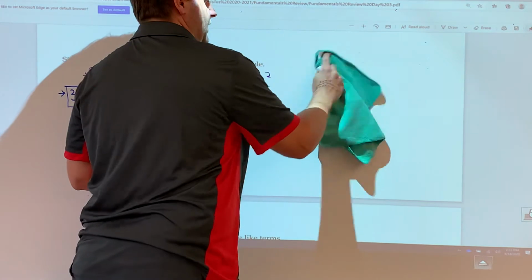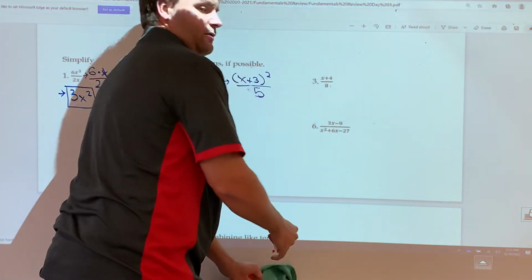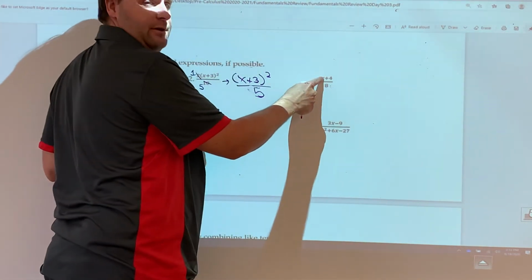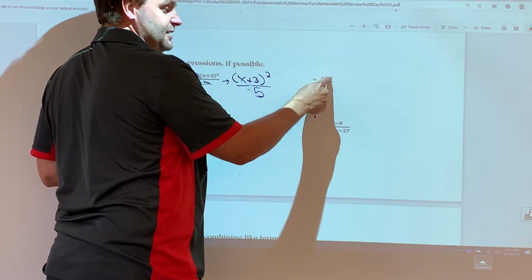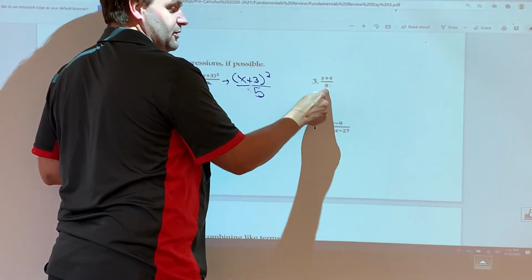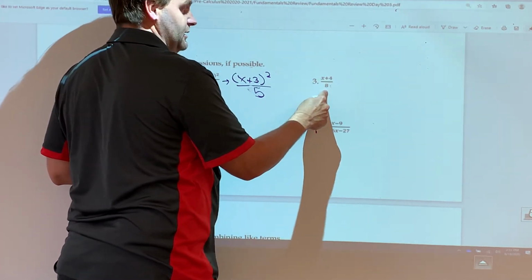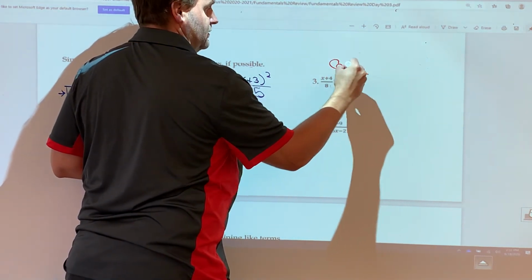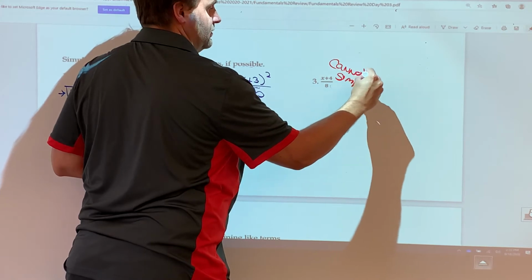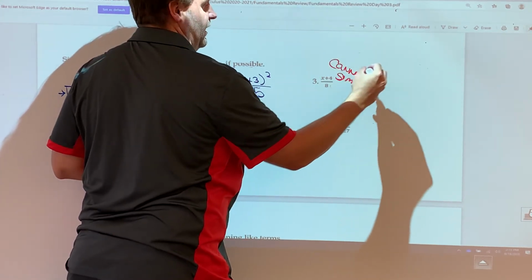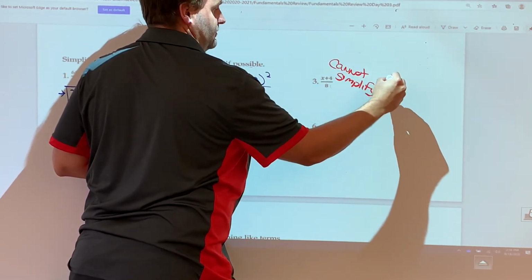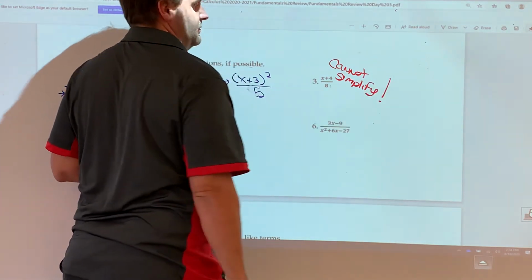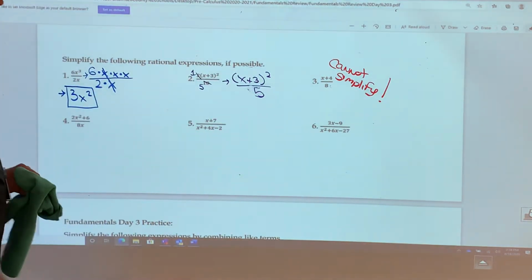Again, we have what we call a binomial here, two terms, x plus 4, over one term, a monomial. You cannot simplify that.